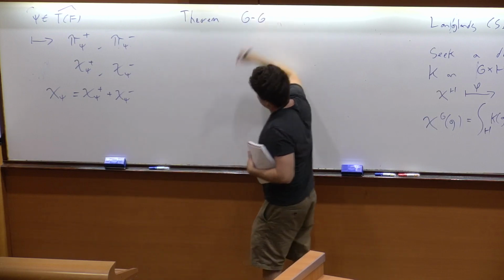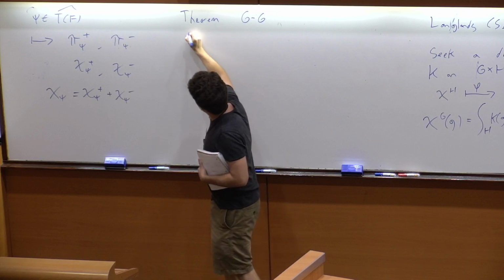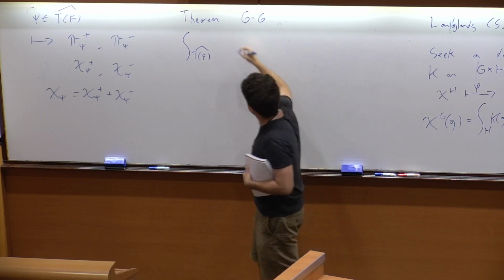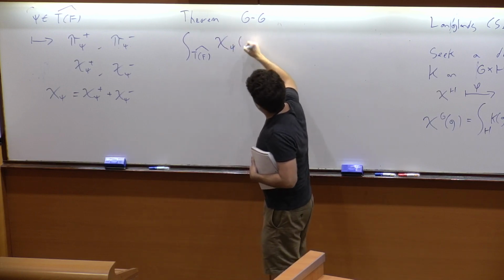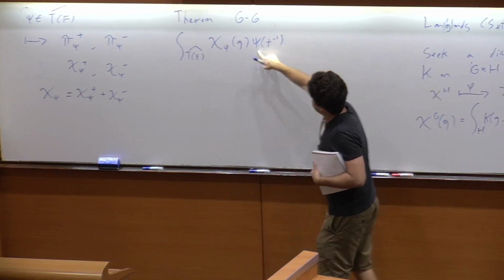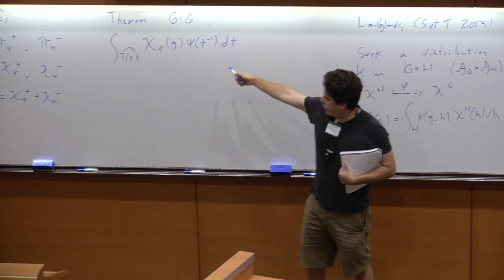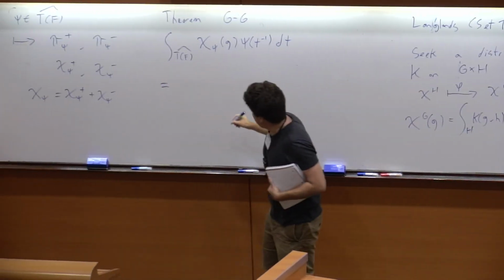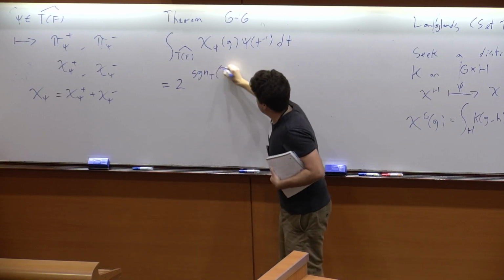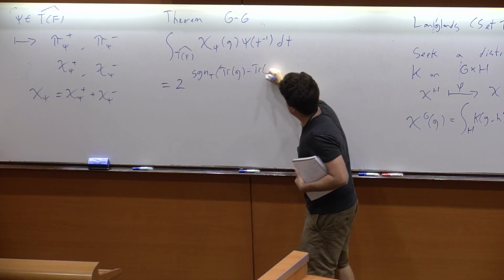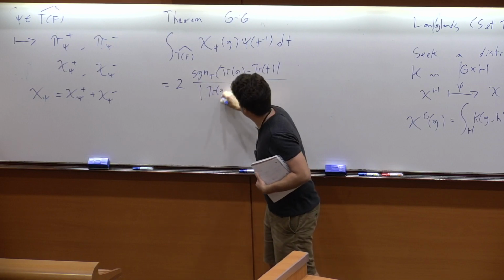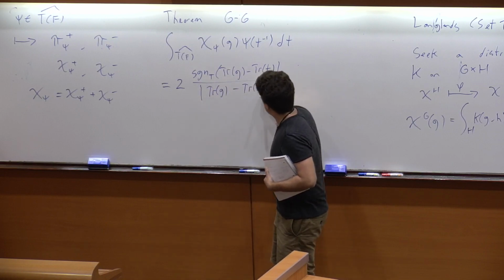So what they compute, the theorem of Gelfand and Graev, is that if you take the integral over the characters of the torus of chi psi of g times this guy here, so just the inverse Fourier transform, what you get is the following function: 2 times a character applied to the trace of g minus the trace of t, all over the p-adic absolute value of the trace of g minus the trace of t.